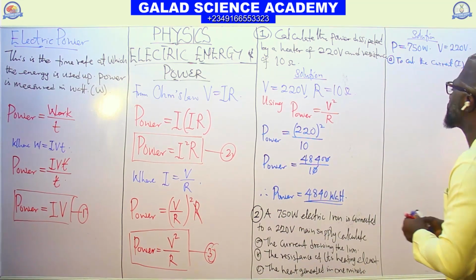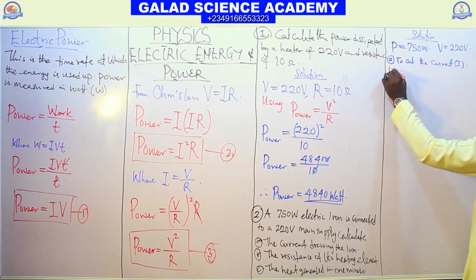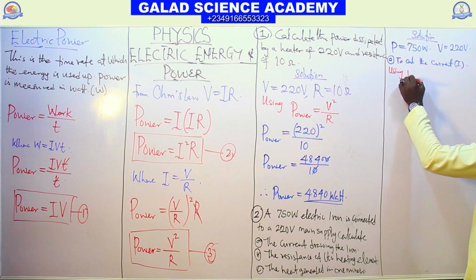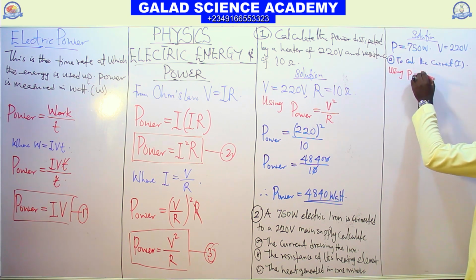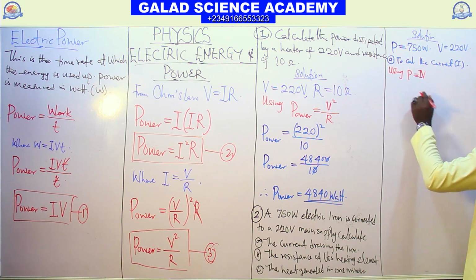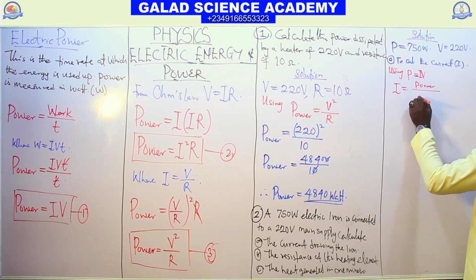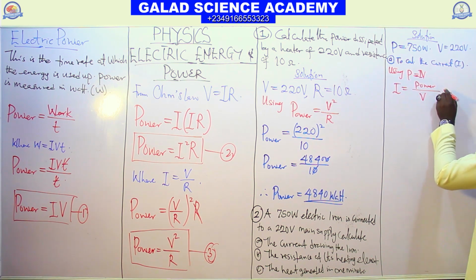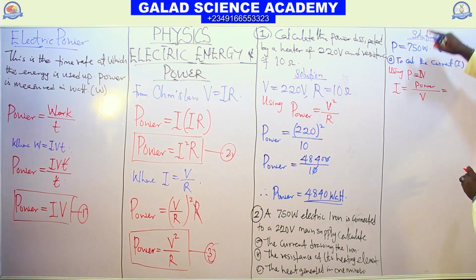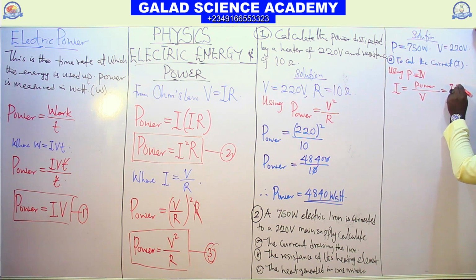Using P equal to IV, we are looking for the current, so I will be power over V. The power given is 750 watts over 220.